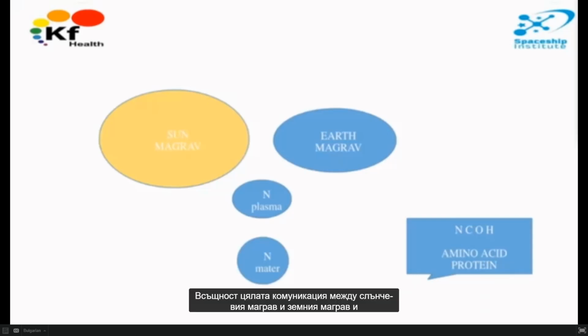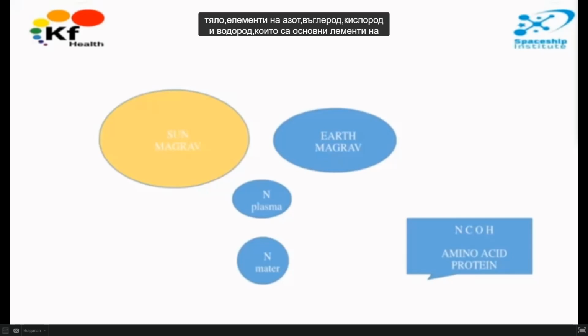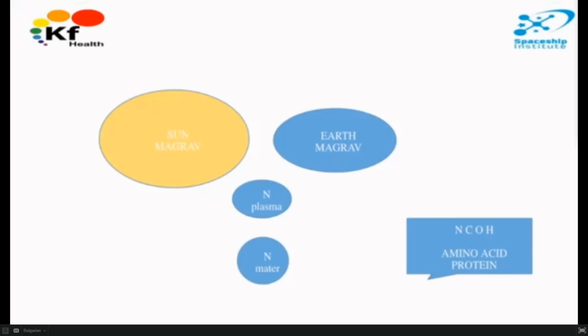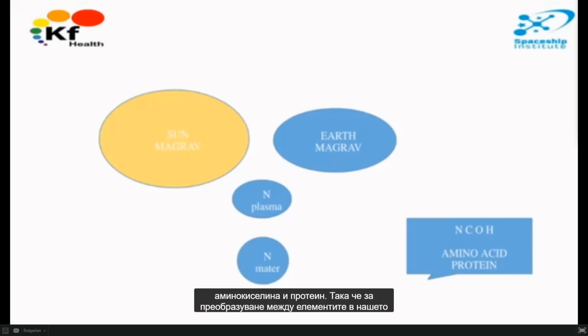Actually, from all the communication between the sun magraph and earth and the transformation of elements into each other, we have on our planet, and the same in our body, the elements nitrogen, carbon, oxygen and hydrogen, which are the base elements of amino acids and protein.